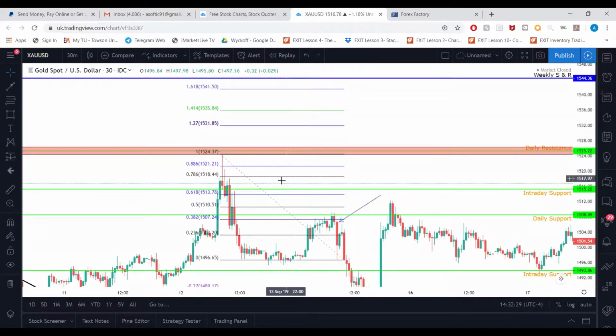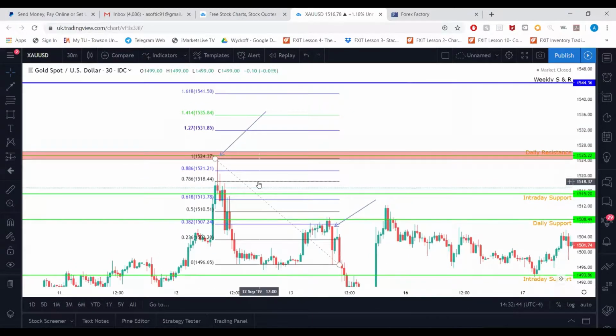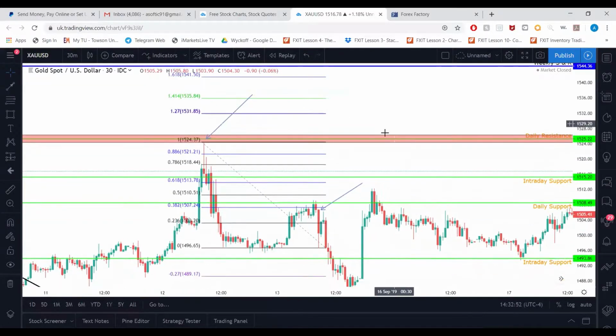Once you see the price retracing past 78.6, you want to get out if you entered right here, for example. If you entered all the way on the top and you see the price pushing past 78.6, you want to close your buy. Why? Because once you see a breakout of 78.6, that indicates that there's going to be a reversal back into the bullish run, right?